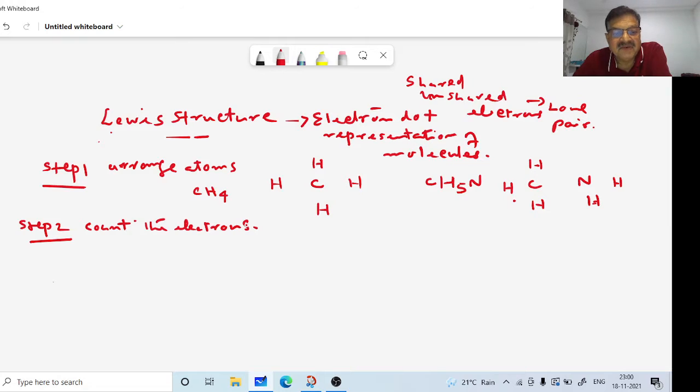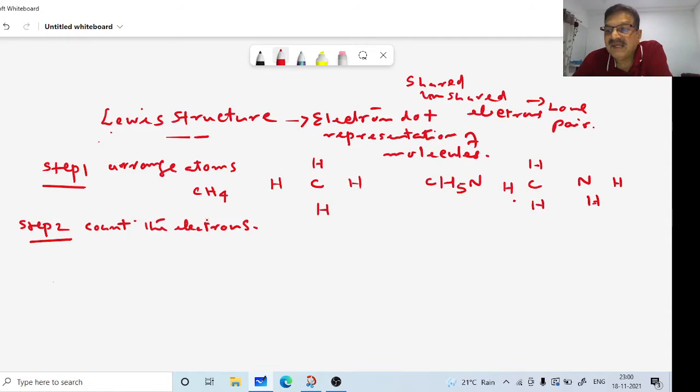That is, you have to count the valence electrons from each atom, valence electrons from all atoms. Now, there may be situations with a negative charge or a positive charge. If there is a negative charge, an extra electron is to be added, one electron for each negative charge.